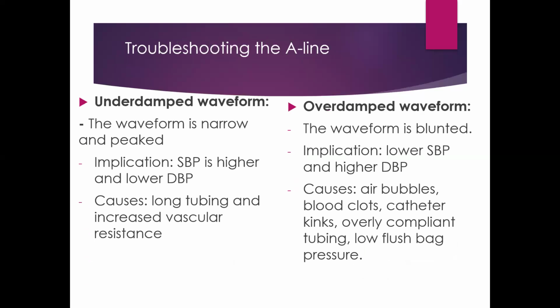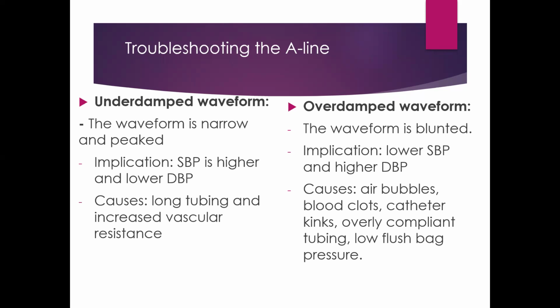We did say that the most important thing about the system is to have a well-damped system. What it means is the ability of the system to return to its resting oscillation after being distorted. We talked about underdamped and overdamped waveforms.